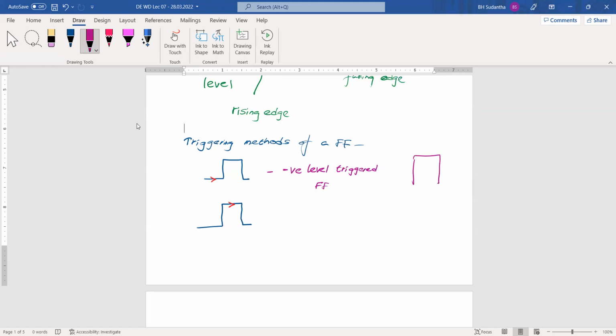And the symbol of this flip-flop, you have to remember very carefully. JK. This is the negative level. Because of that, this clock input is shown like this. Okay. Next one, this is the positive level.